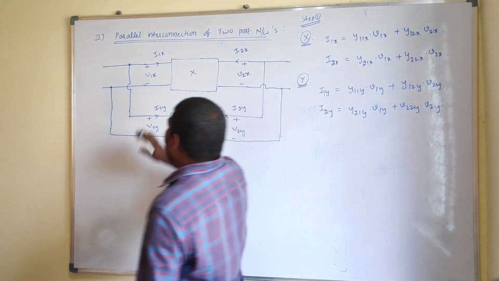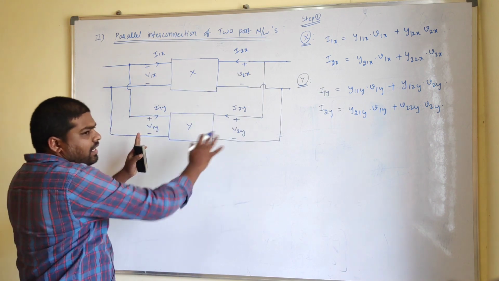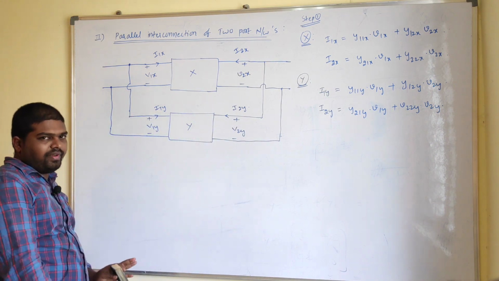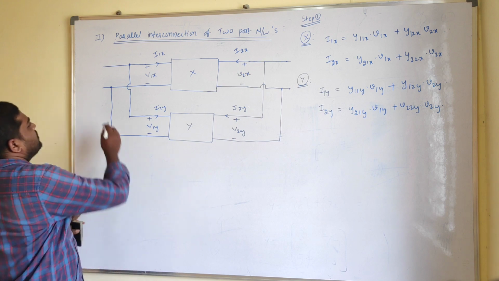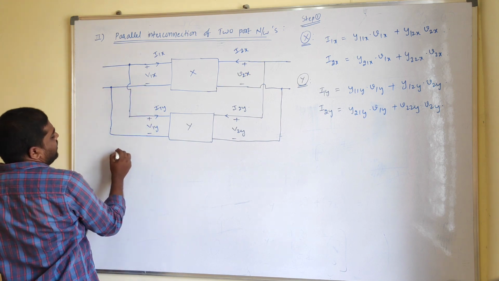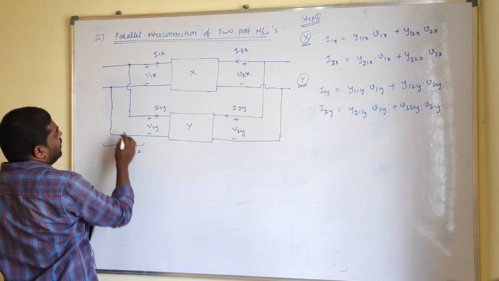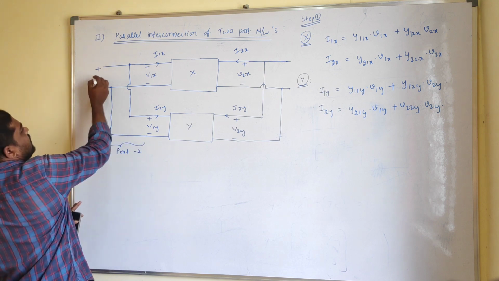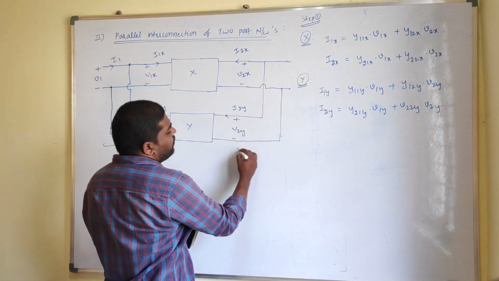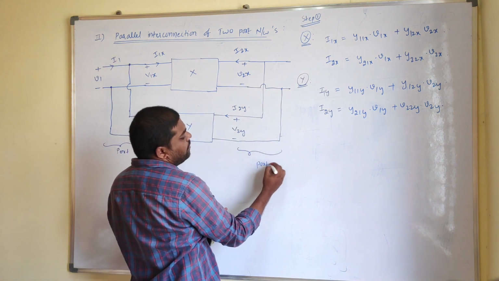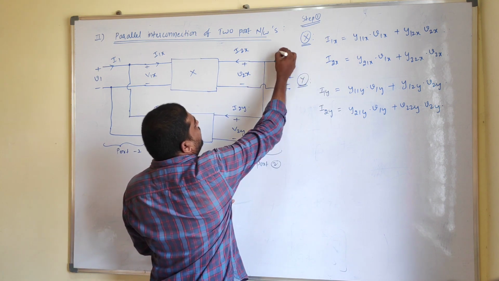This is the parallel configuration. For this entire network, we need to define four variables: V1, V2, I1, I2. Port 1 has two variables, V1 and I1, and port 2 has two variables, V2 and I2.